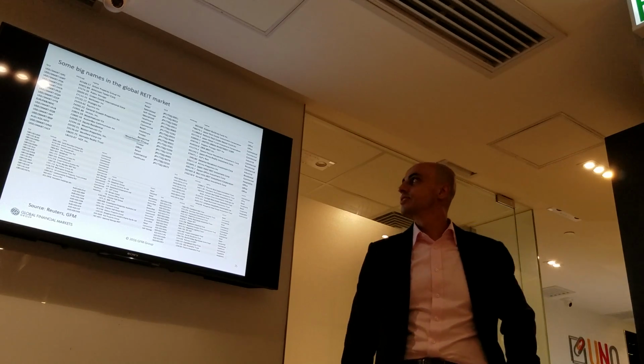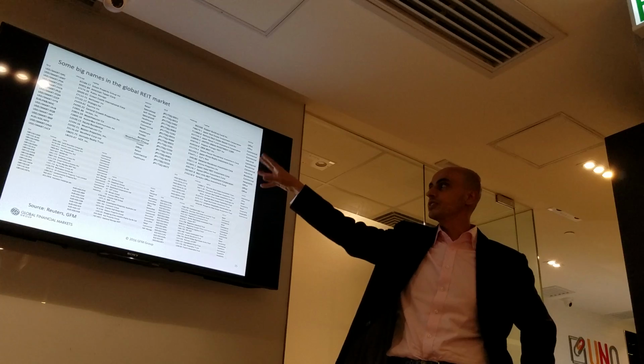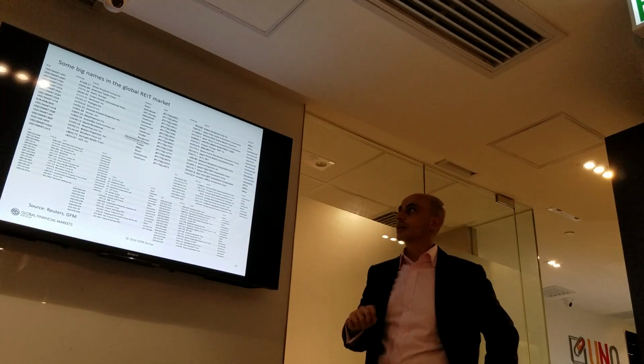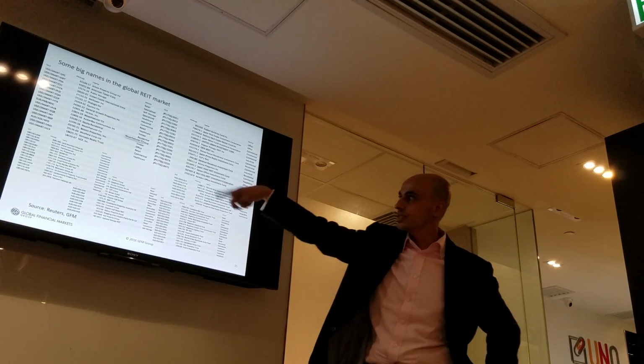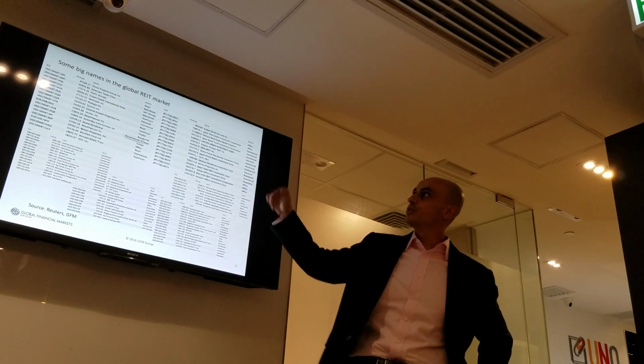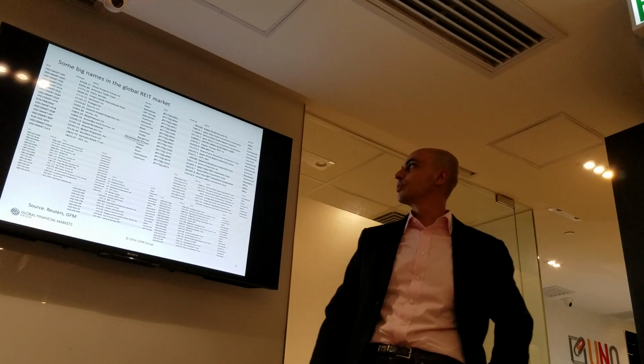Just to give you an idea of some names, I've just copied and pasted here the top REITs in each of these markets, just so you can see both what the names are and roughly what their market caps are, and also what sector each of these are classified in. Some of these are names you may or may not recognize. In the U.S., Simon Property Group, American Tower, Public Storage.